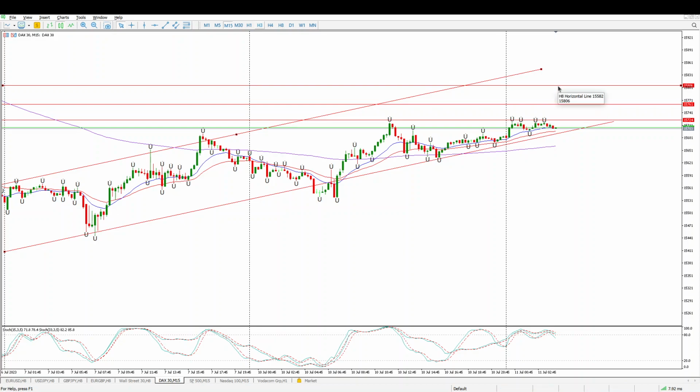So 15806, 15800, 15760, 15724. Those are kind of the areas that I would be focusing on for a rejection to move down.